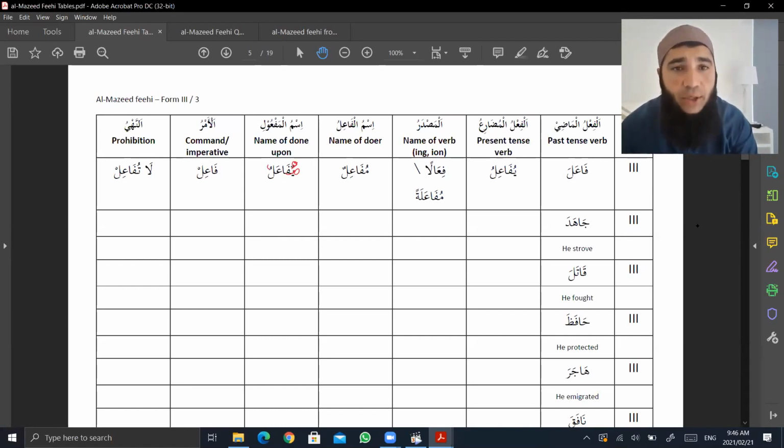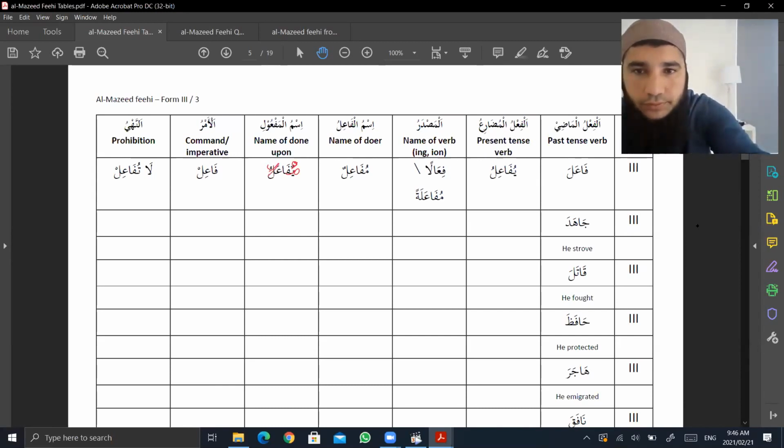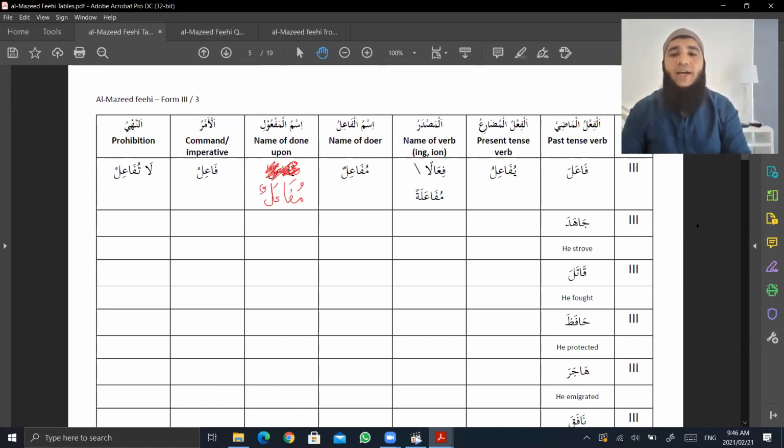It's mufa'ilun for the ismul fa'il and mufa'alun for the ismul maf'ul. And then the amr is fa'il and the nahi is la tufa'il. Now I want you to say that with me a couple of times.